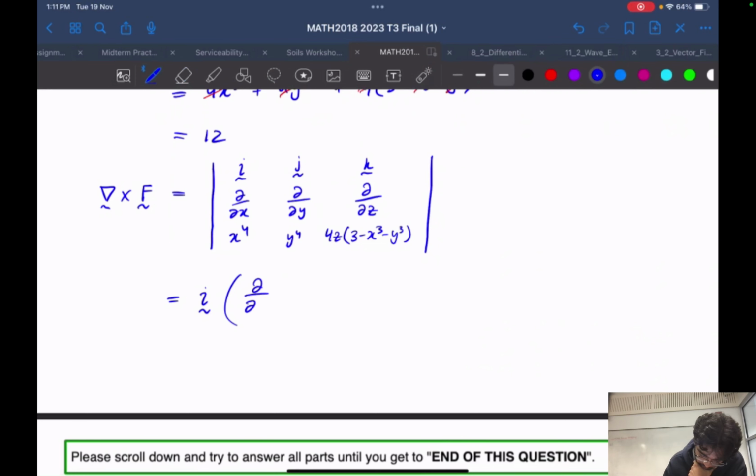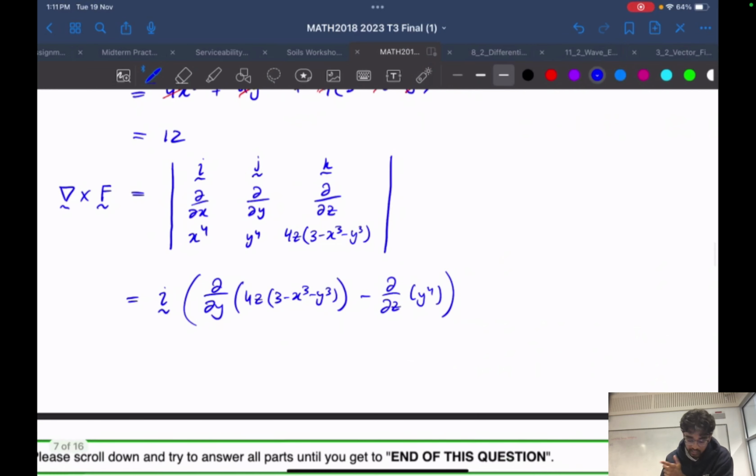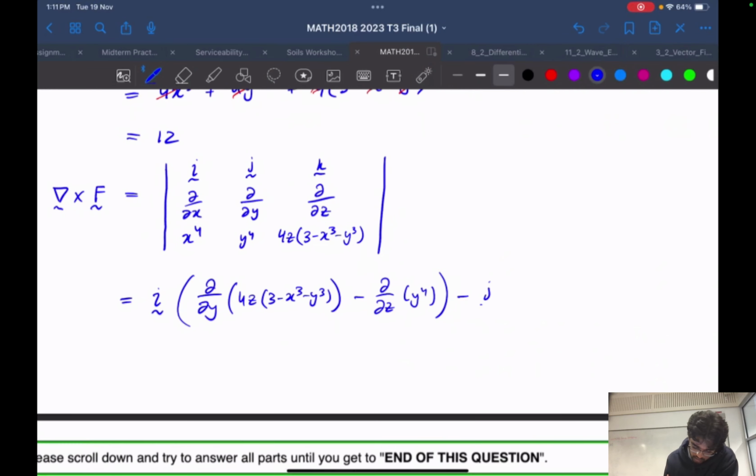Delta on delta y of 4z(3 minus x cubed minus y cubed) minus delta on delta z of y to the 4. Next, minus j. That's just a rule.